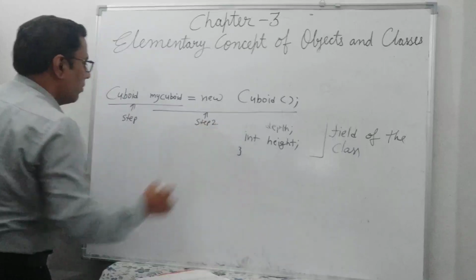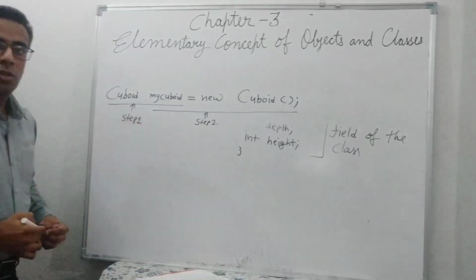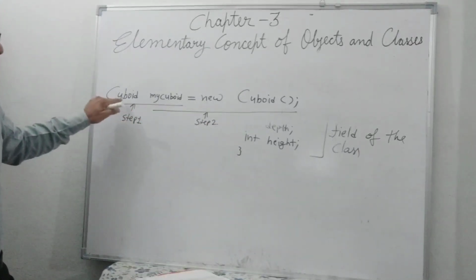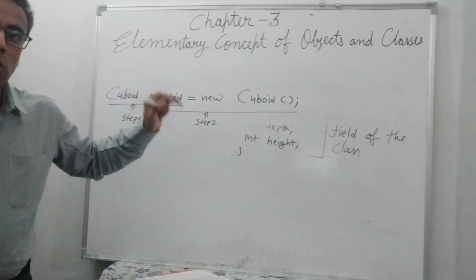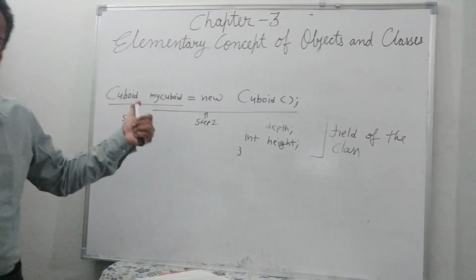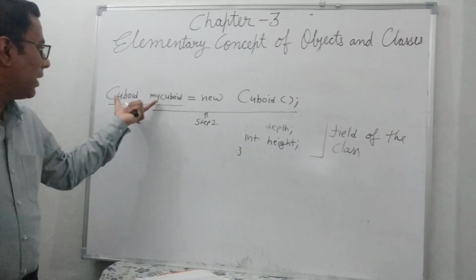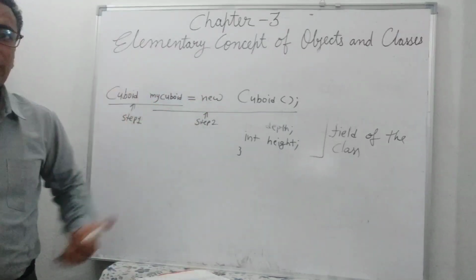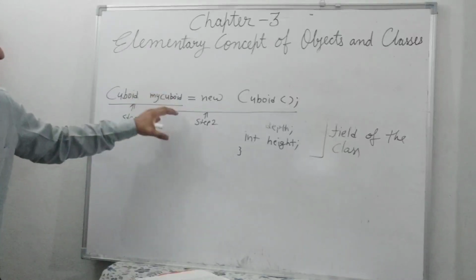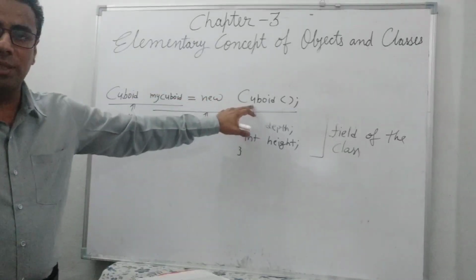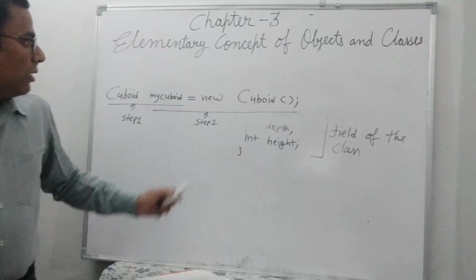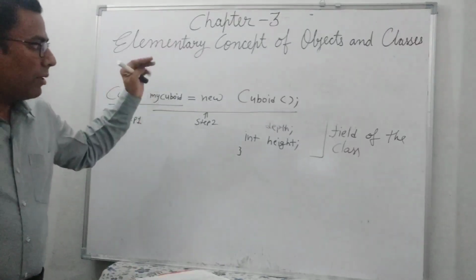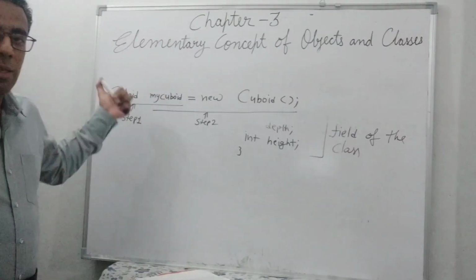In the first step, Cuboid myCuboid, I am declaring the reference to the object. And here I am acquiring the physical copy of the class. In this way we can declare any object of that class.